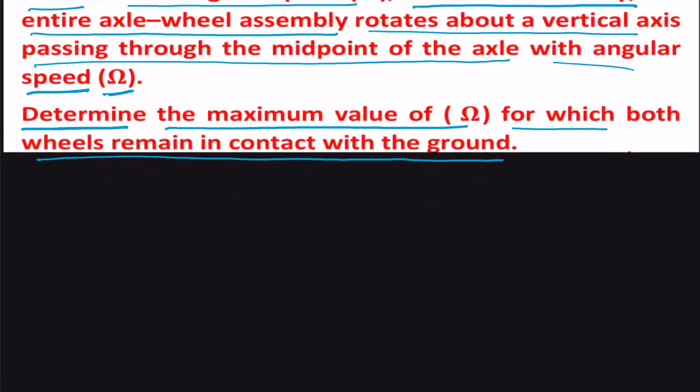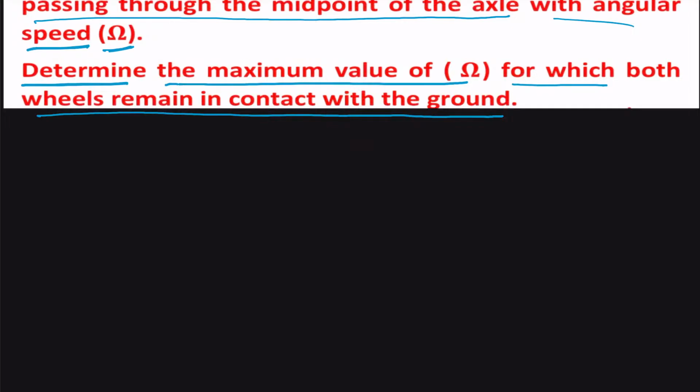And the basic figure, we can just draw it. We have two wheels. This is the first one and the second one, and they are connected with the help of an axle, and both wheels are on the same level.